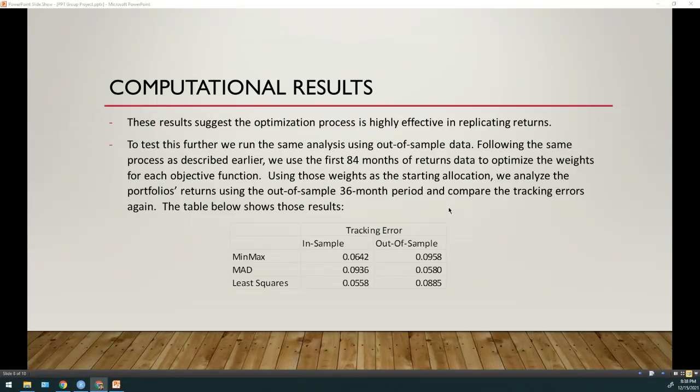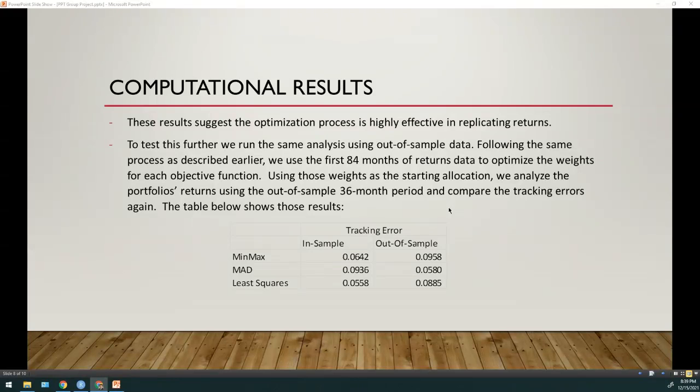Once those weights were created, we then used the last 36-month period, with those as starting weights, and then evaluated and created a return stream, or I should say a vector of monthly returns, based upon those weights. So again, it's using out-of-sample monthly returns in order to build a return structure.